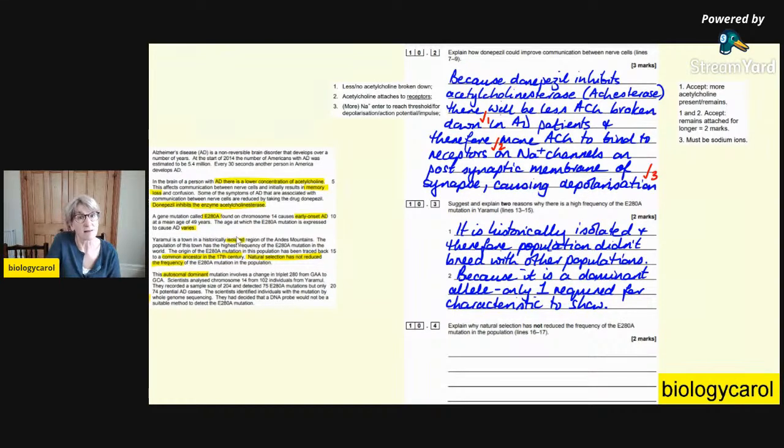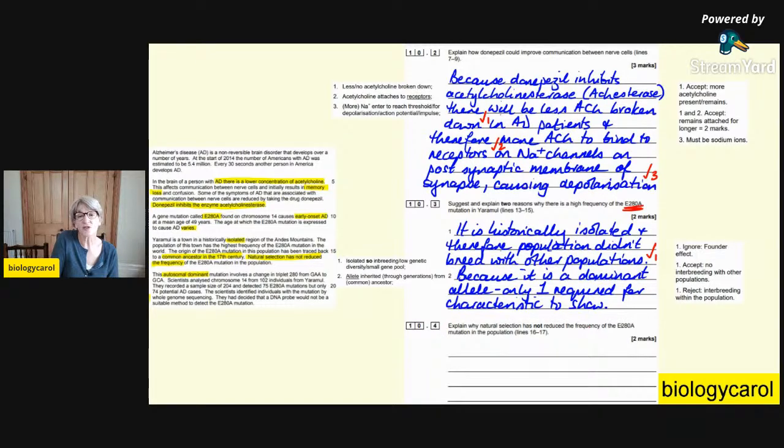I misread the question. Here's the answer. Yeah, nothing to do with dominant allele. Notice I misread it and I was thinking that it was talking about the frequency of the disease, i.e. the characteristic being shown, not the mutation, the allele. All right, so only got 1 mark, and rightly so. I completely went down the wrong line because I misread the question.